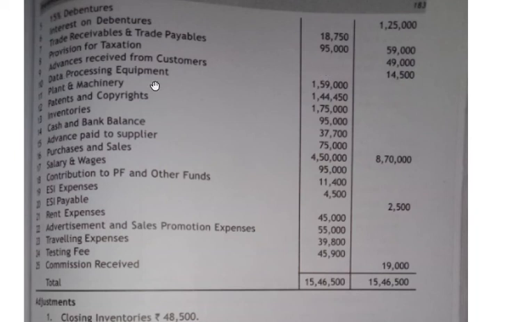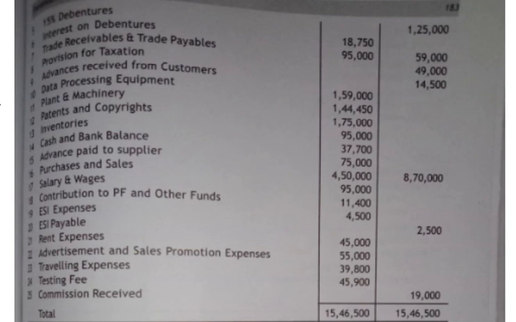Then you have your data processing equipment, which is a tangible asset, plant and machinery, tangible asset, patents and copyrights, which is intangible asset, inventory, stock, cash and bank balances, your cash. Advance paid to supplier is your other current asset. Sorry, it is a short term loans and advances, so it is advance paid to suppliers.